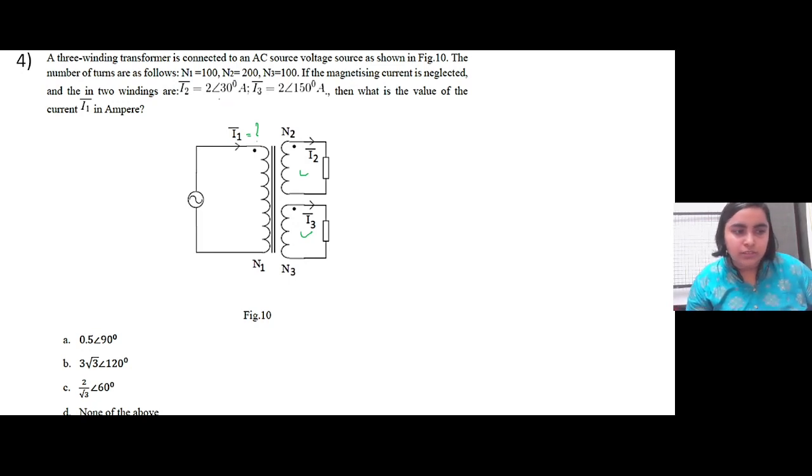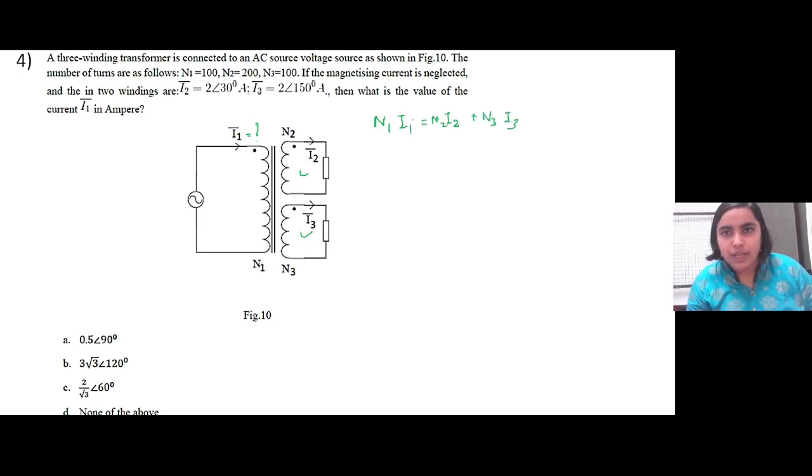So if we balance the single phase transformer, if this one has N2 and N3 windings and this one has N1 winding, then by balancing the mmf of the single phase transformer, N1 I1 is equal to N2 I2 plus N3 I3, right?